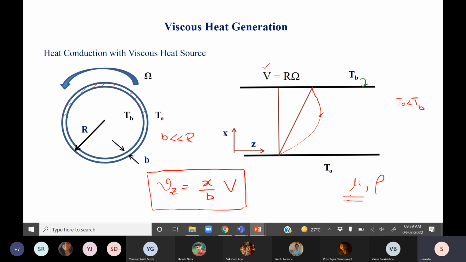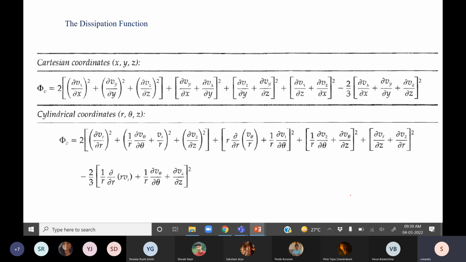So we have identified the problem, and what we need to do now is find what this dissipation, or this dissipative force, is going to be. So this is the dissipation function. It's a complicated function that has been provided to you, and we need to see where we are in terms of the dissipation function.